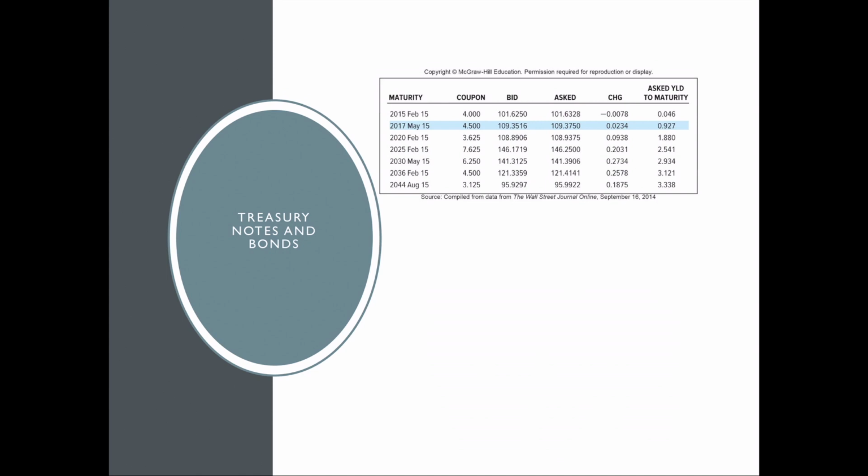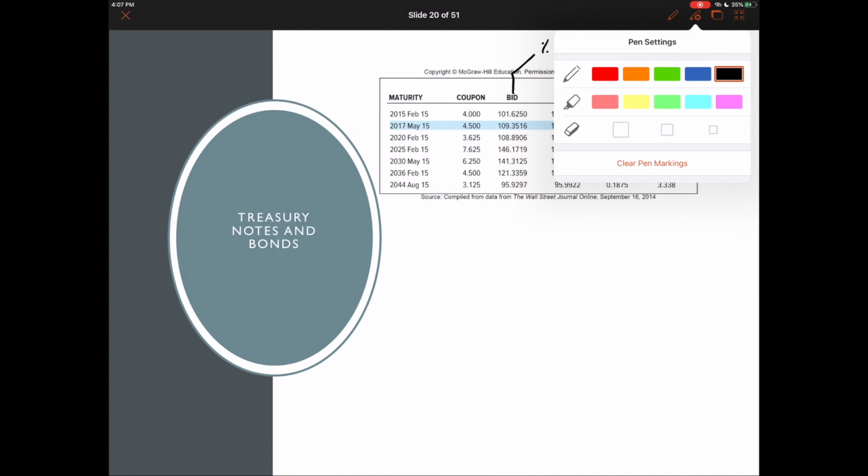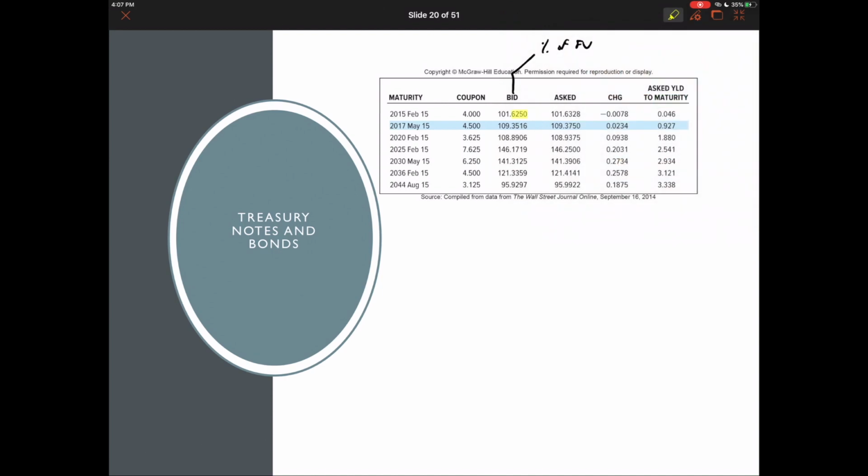Looking at the way Treasury notes and bonds are quoted here, you can see that we have similar information to Treasury bills, except now with the bid price and the ask price, these are listed as some percentage of face value. Typically the face value is $1,000, and the decimal portion here towards the end is in increments of 1/128.